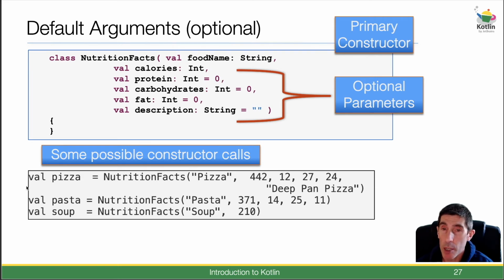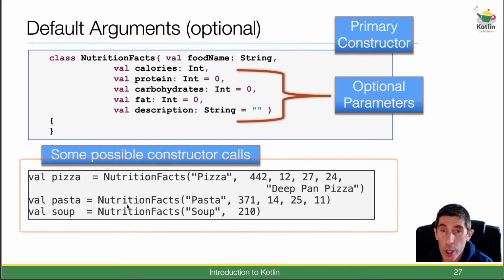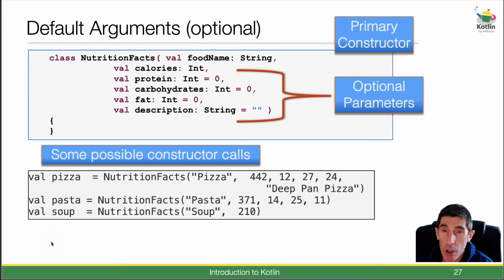So if we look at the possible constructor calls down at the bottom, we could create one called val pizza, passing in pizza as the name, the number of calories, and then we fill in the protein, the carbs, the fat, and the description also. That would be what we would expect, similar to Java, where we pass in all the parameters.